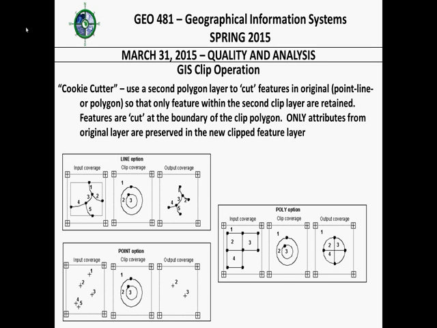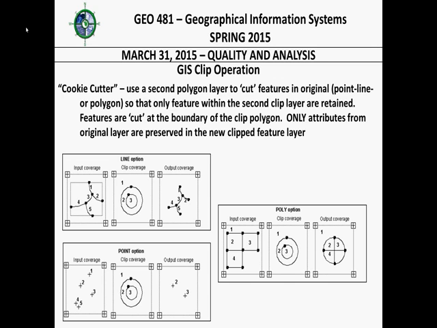Clip is similar to intersect, but a clip operation is more of a cookie cutter, where you're using a polygon to extract a subset of features. So if we have roads, those are the entire town's roads, and I am interested in just a specific area.